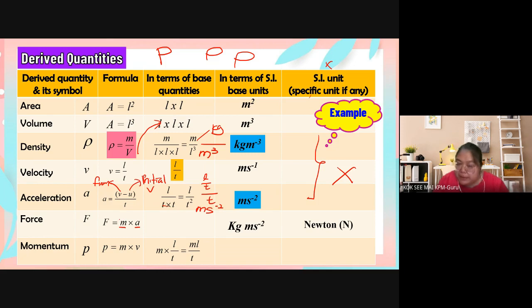Mass is already basic, so you don't need to touch it, because it's already a base quantity. Acceleration is not, so acceleration is this whole thing, which you have to bring down. So it's mass times L over T square. My mass is brought up, so it becomes mL over T square. So everything is base now. m is mass, so kg. L is length, length is meter. T is second square, then I bring it up, so I put negative.